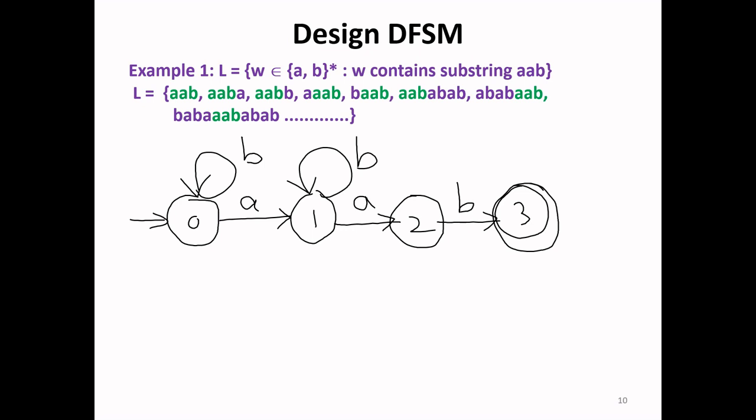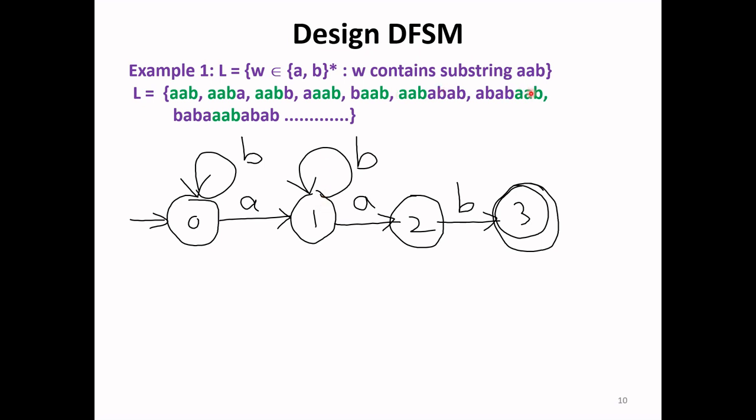If I take a self loop, then what happens? I may have AAB if I don't take this loop. What if I take this loop? A, B, A, B. Now you can see that this self loop will violate the language.